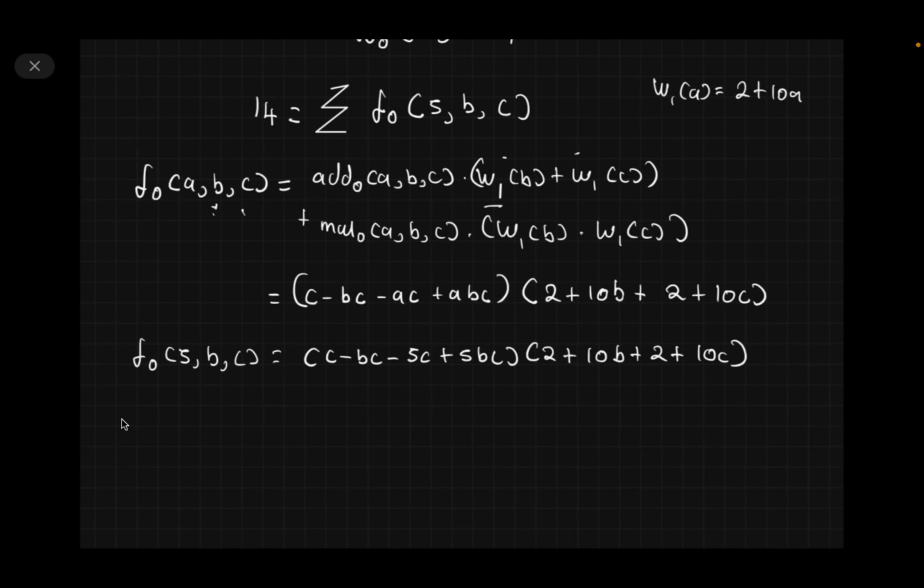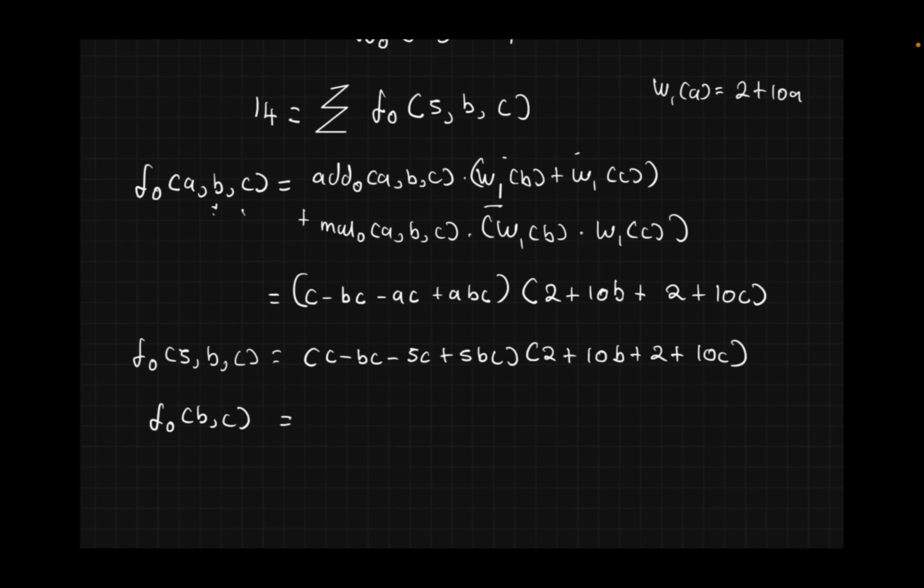Okay, so do you feel like we can factorize this? C is common everywhere. C minus 5C, that's minus 4C. And 5BC minus BC is plus 4BC. What you can bring out is 2.